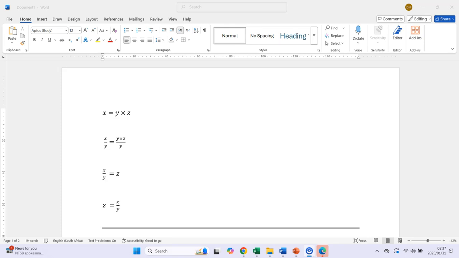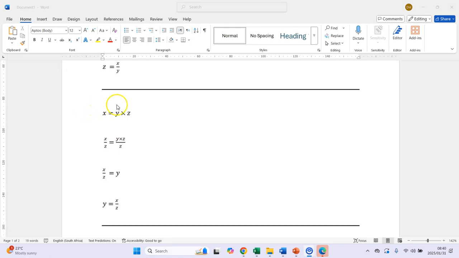But what we do to the one side of the equation, we must do to the other side of the equation. So we divide both sides of the equation by y. That allows us to cancel out y over here, and that leaves us with x over y is equal to z, or z is equal to x over y.